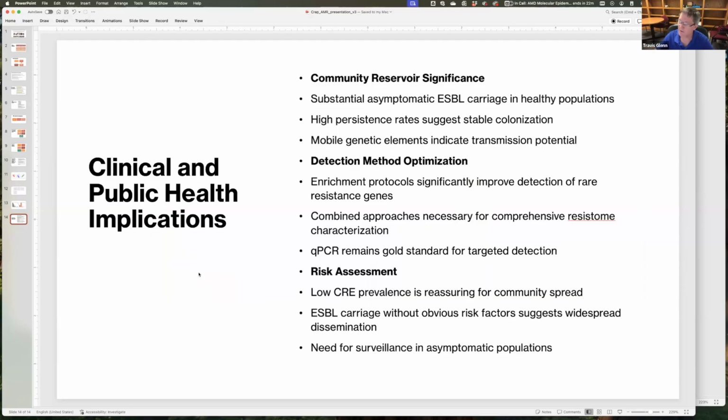All right, so there's lots of public health implications. Again, trying to look into reservoir significance, different methods, different risk assessments. All of these will feed into our ability to provide these pipelines with meaningful answers.